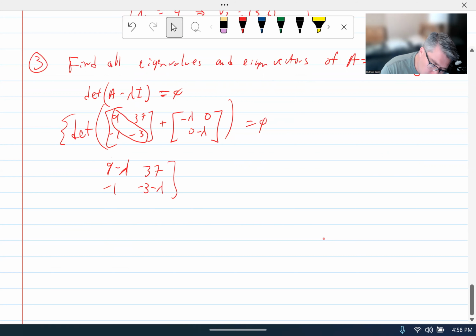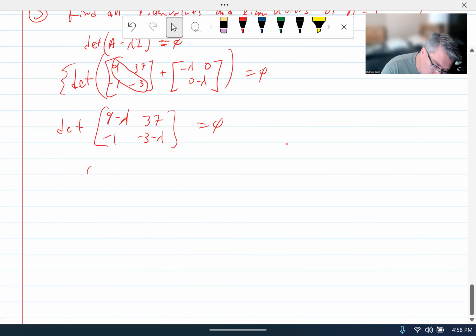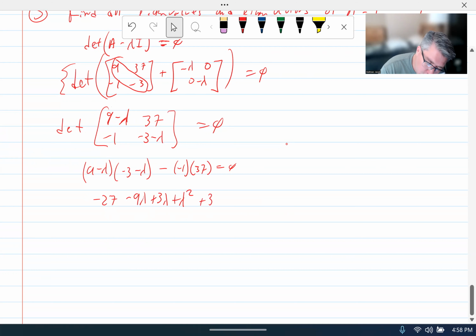I want to find the determinant of this equals 0. So we're going to get (9 minus lambda) times (-3 minus lambda) minus (-1) times 37 is equal to 0. Multiply out, we get -27 minus 9 lambda plus 3 lambda plus lambda squared plus 37 is equal to 0.